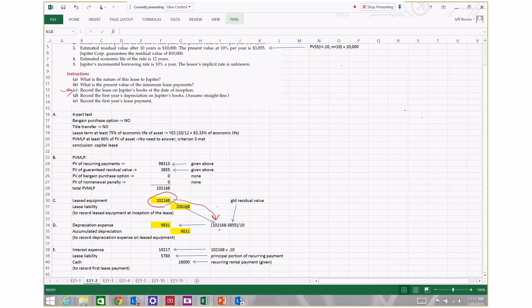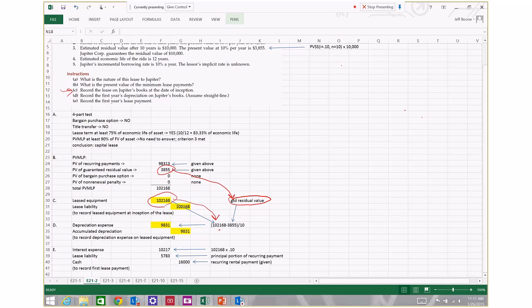And we're going to subtract from that the guaranteed residual value. And the portion of the amount that is embedded in the present value of the minimum lease payments here that represents guaranteed residual value is 3855.